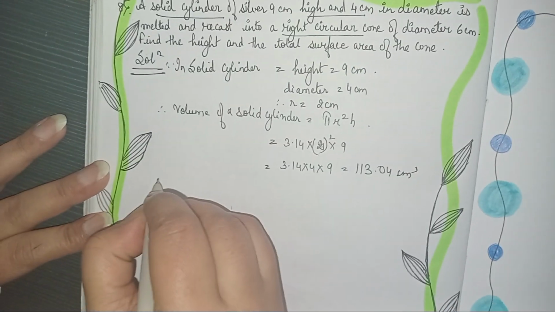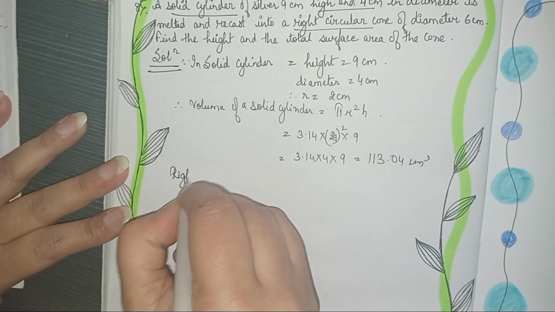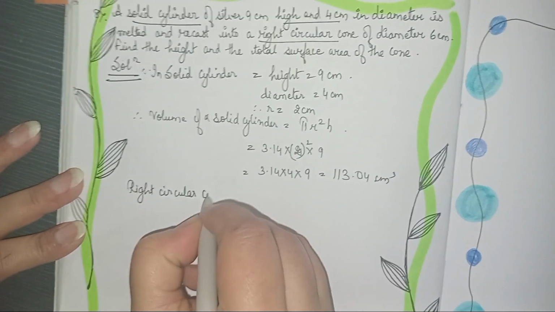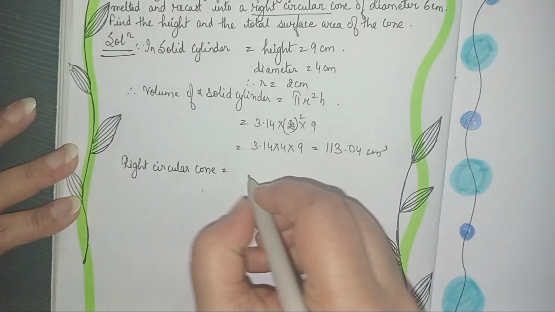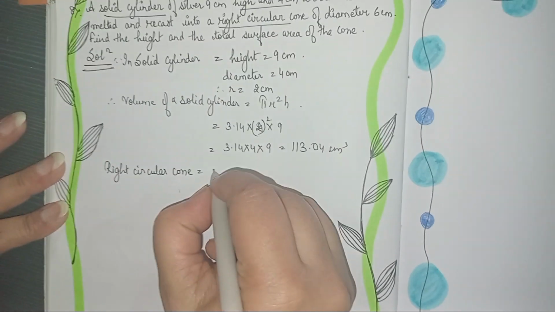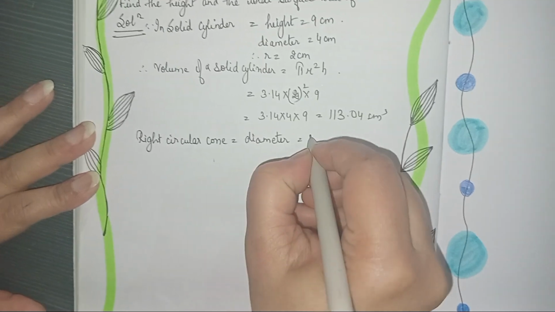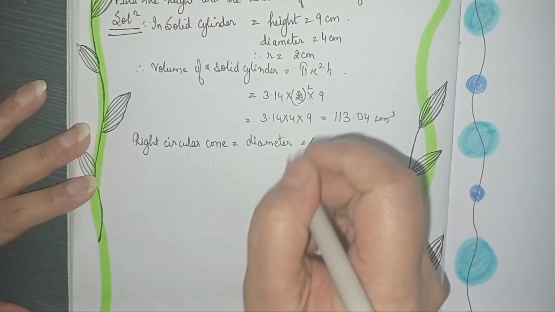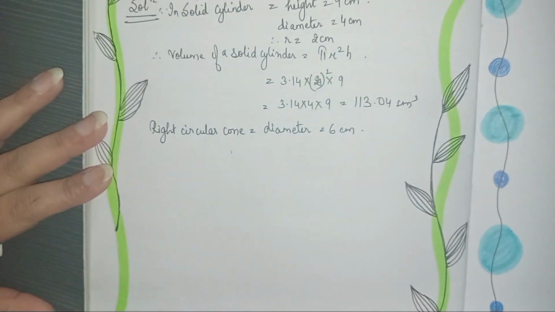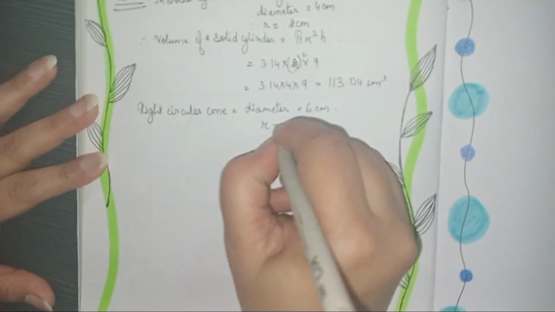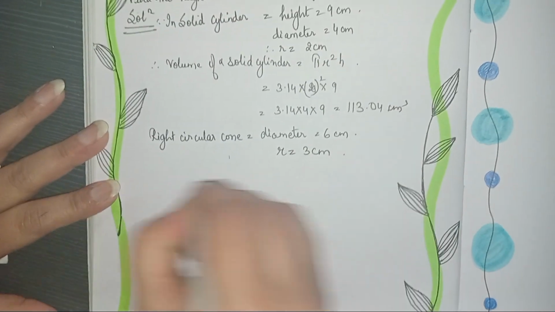Then coming on to the right circular cone, diameter is 6 centimeters. We have to find the height and we are supposed to find the total surface area. So the radius will become 3 centimeters.